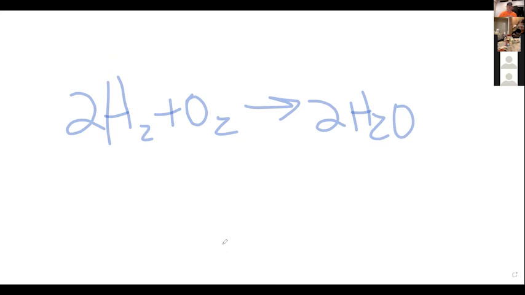That only goes forwards. It goes backwards if we add electricity, but we have to add energy to do that. If it's just left on its own, it will never go backwards. So that is a reaction that's not in equilibrium.